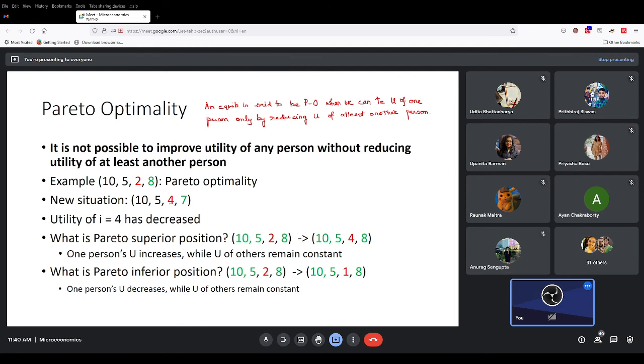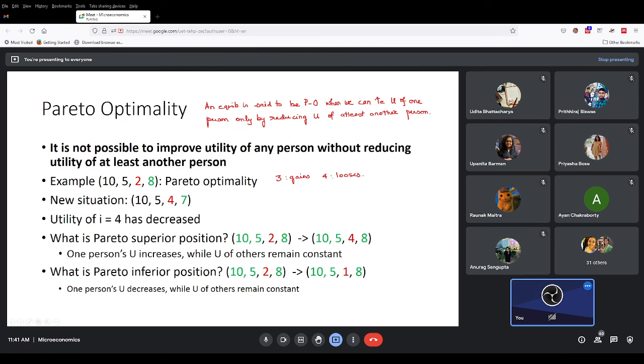So i equal to 3 is gaining, right? Yes, sir. But what has happened to 4 and 4? The fourth person. He's losing. So 3 gains, but this is because the fourth person loses.